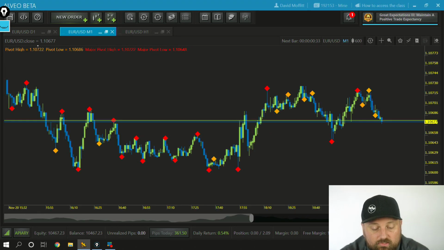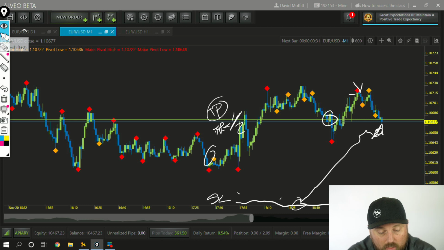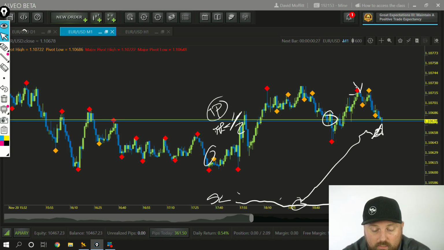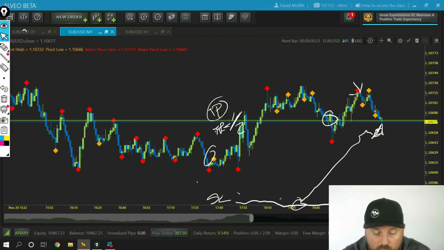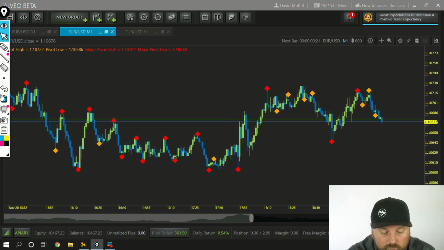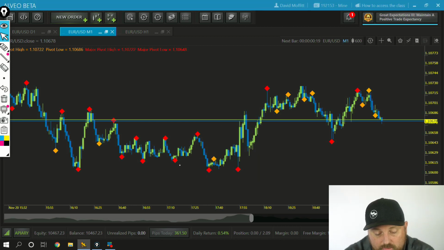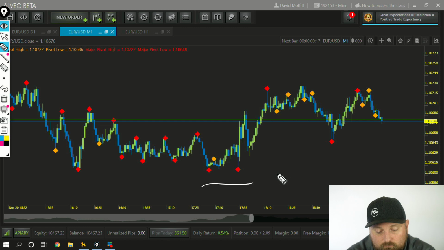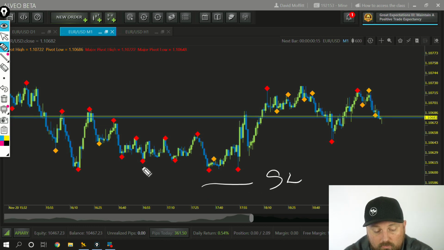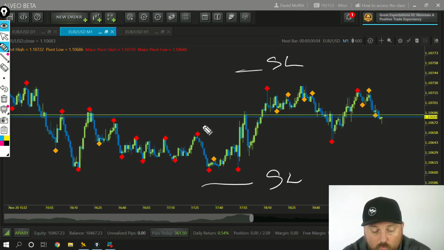When I'm trading the pivots, I kind of do the same thing. I put my stop losses here, below this last support or resistance, I should say, depending on what direction you're going.